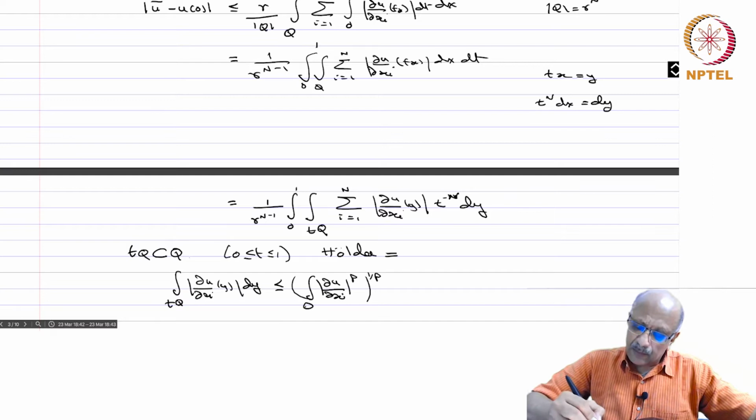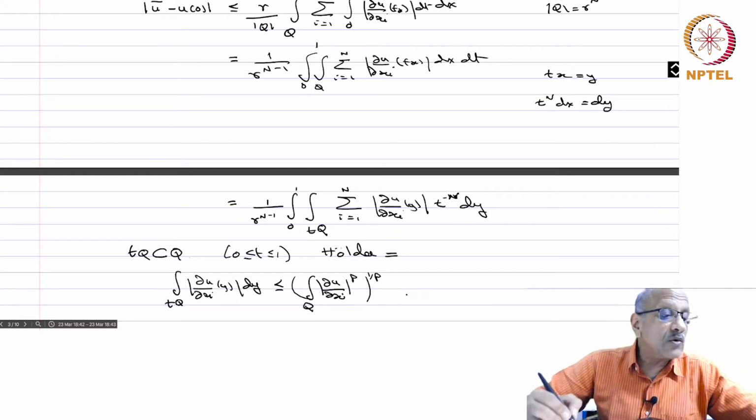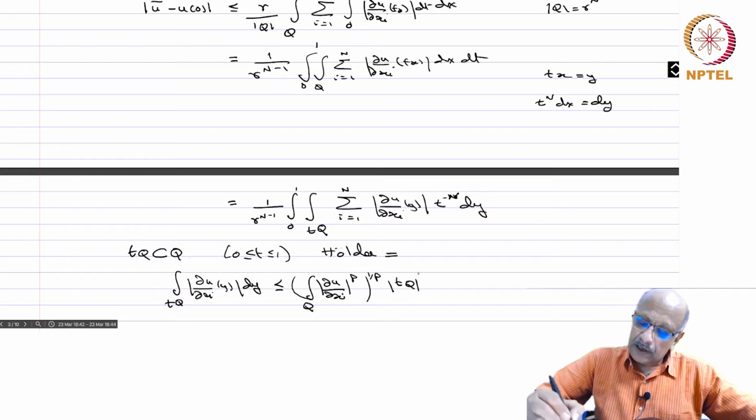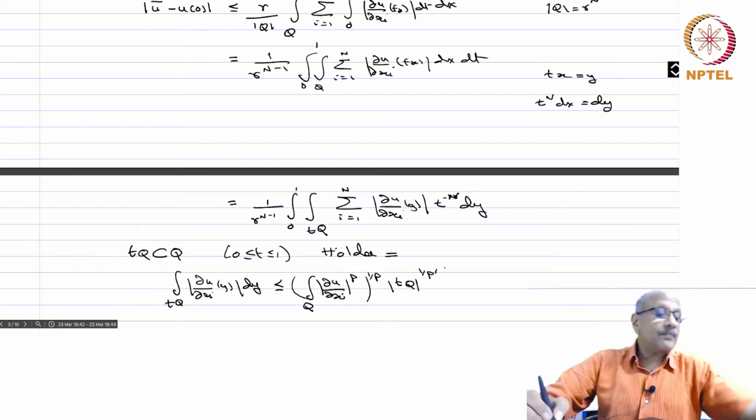And since tQ is contained in Q, I can write less than or equal to integral over Q, and then I have the function 1, which will give me the measure of tQ, that is mod tQ power 1 by p prime.